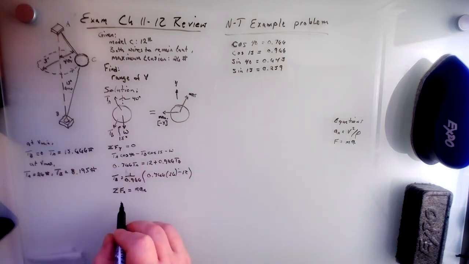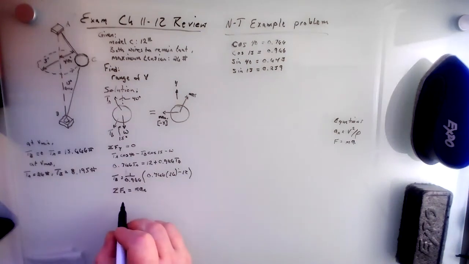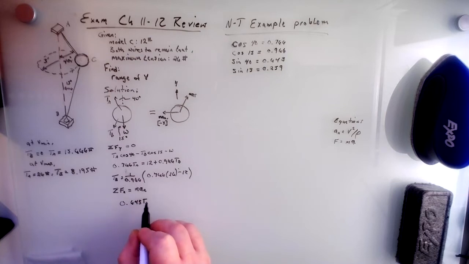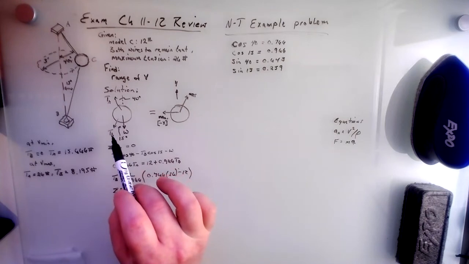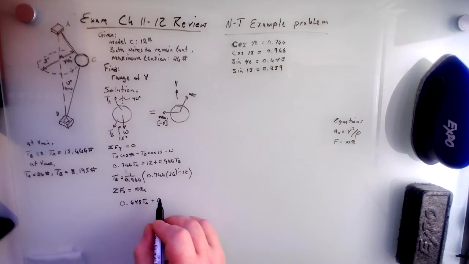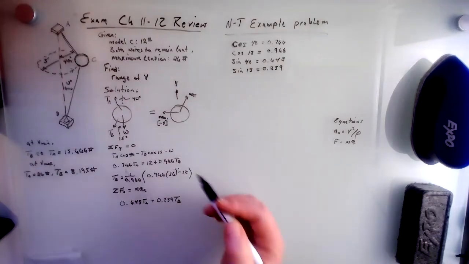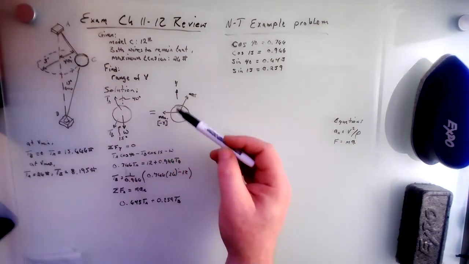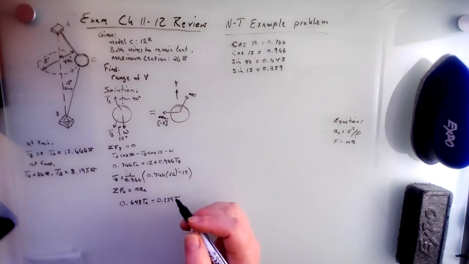So TA times the sine of 40 degrees is 0.643 TA, plus TB times the sine of 15, 0.259 times TB. W is vertical and motion is horizontal, so there is no W component.